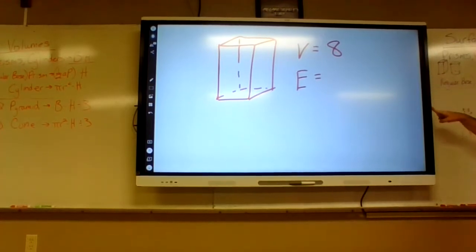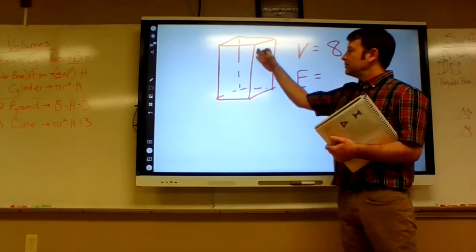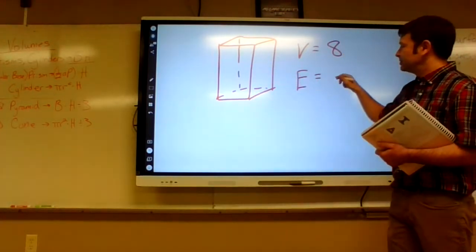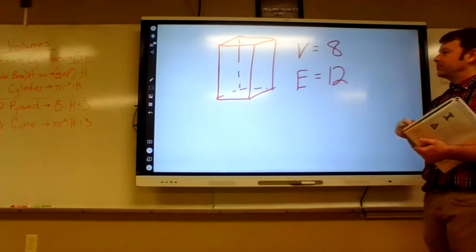Like edge, right? Like the line segments. How many edges are on top? 4. How many edges are on bottom? 4. How many edges are in the middle, lateral? 4. How many in total? 4 plus 4 plus 4.